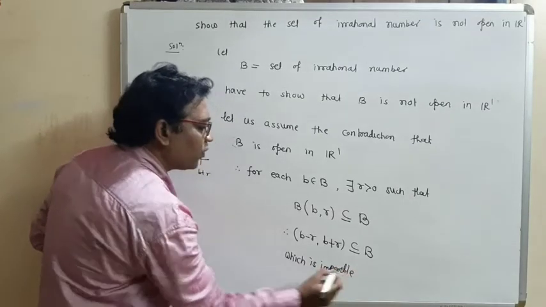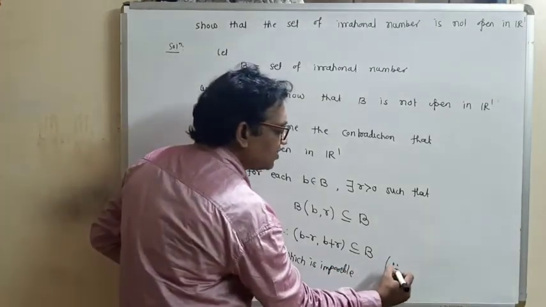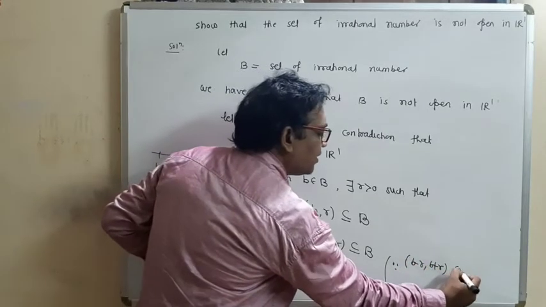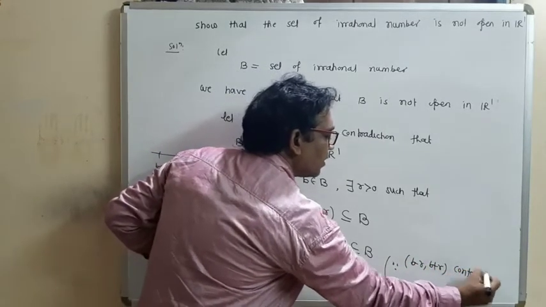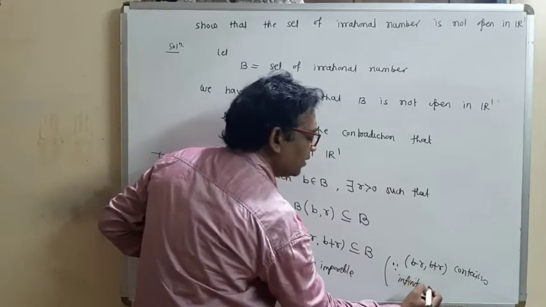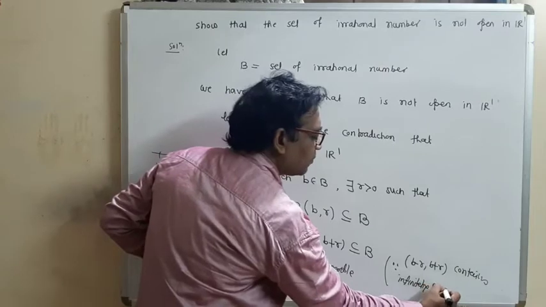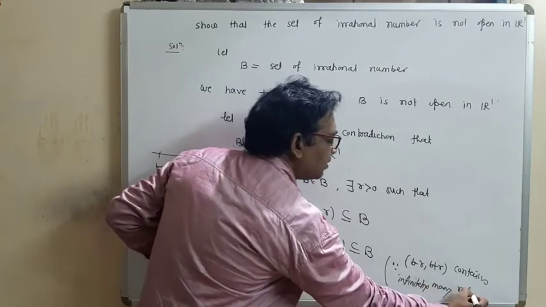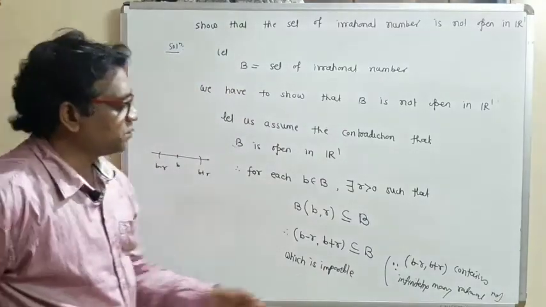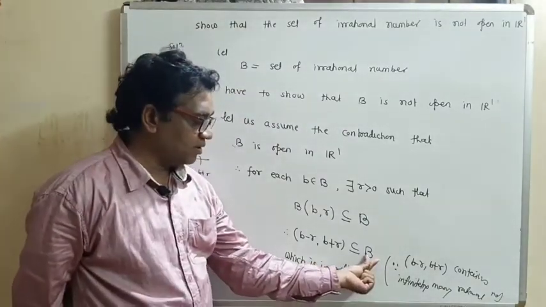What is the reason? This interval b minus r to b plus r contains infinitely many rational numbers. So this is the reason, because this B contains just irrational numbers.